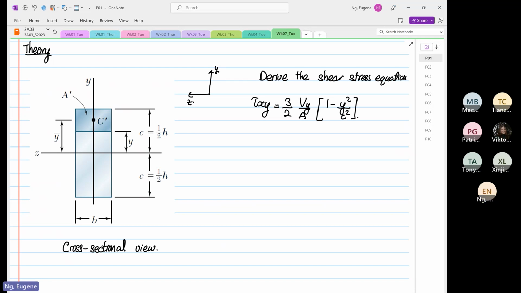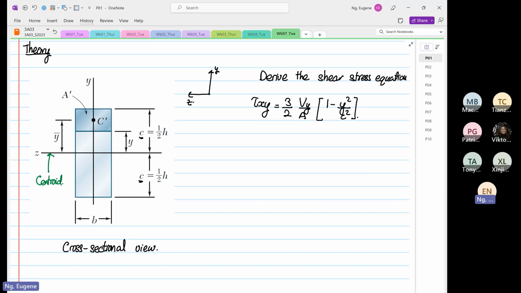You can see on the figure what we mean by c. This c is going to be h over 2. This is c. And what you see on this zz line, these are the centroid.